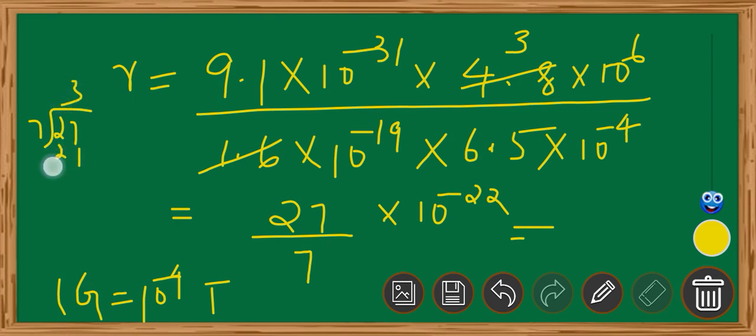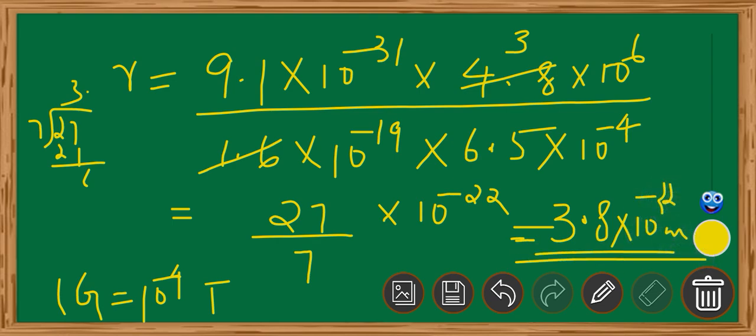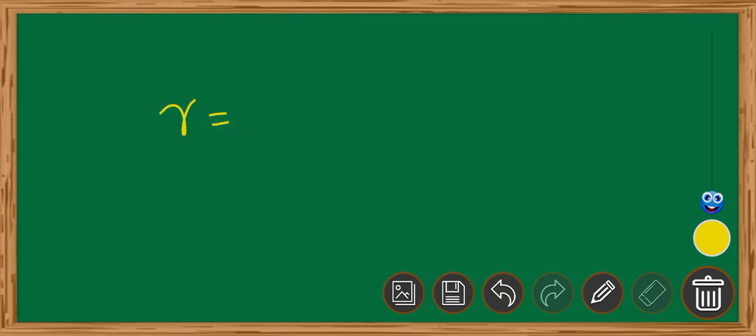It is approximately 3.8. So 3.8 × 10^-22. This is the answer, that much meter. So r = 3.8 × 10^-22 meter.